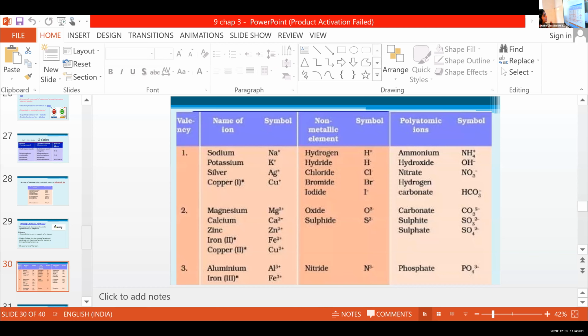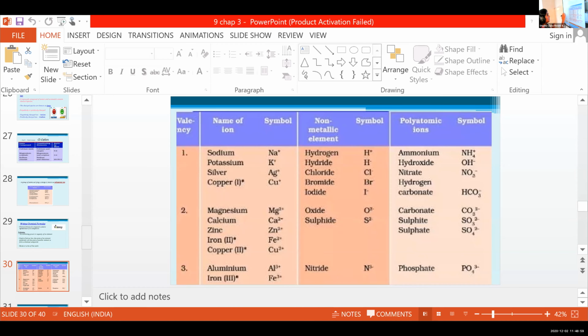Melvin, read. Name of ions that have valency 1. Sodium, Na plus. Potassium, K plus. Silver, Ag plus. Copper, Cu plus.